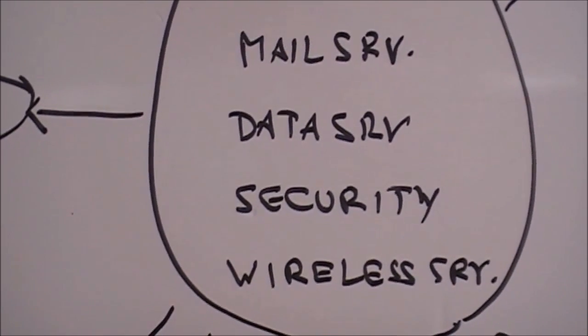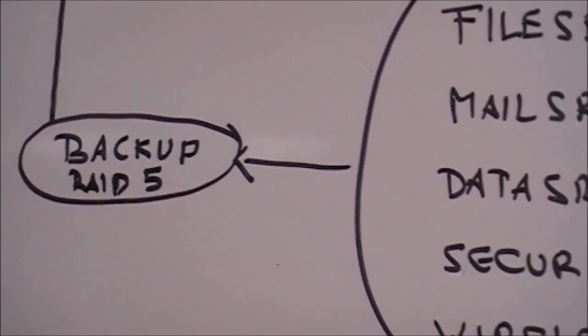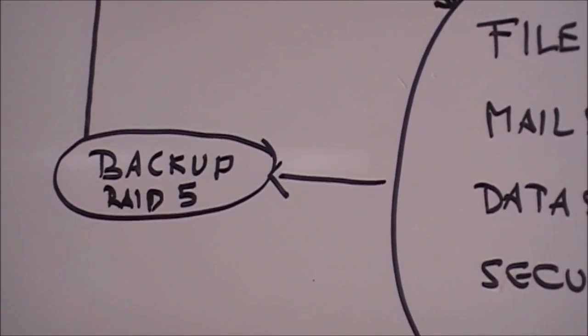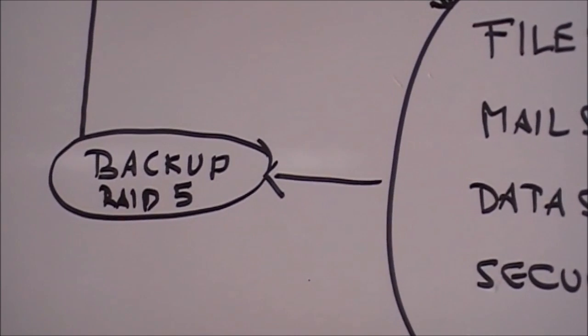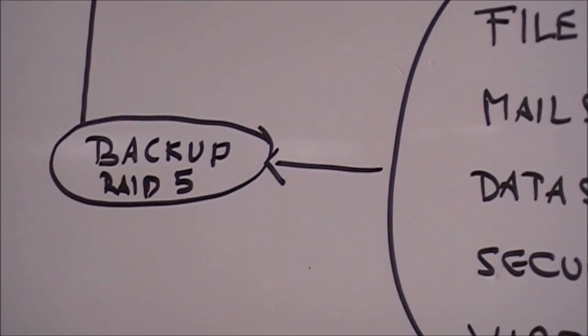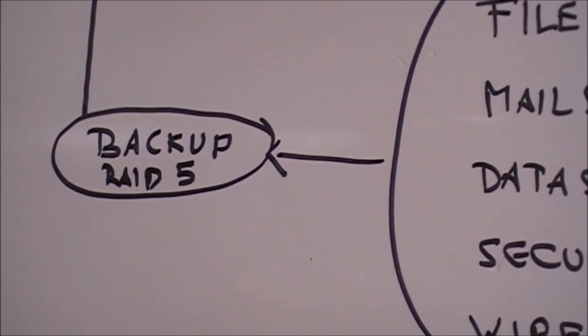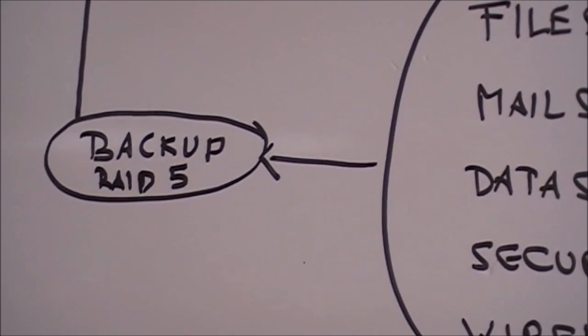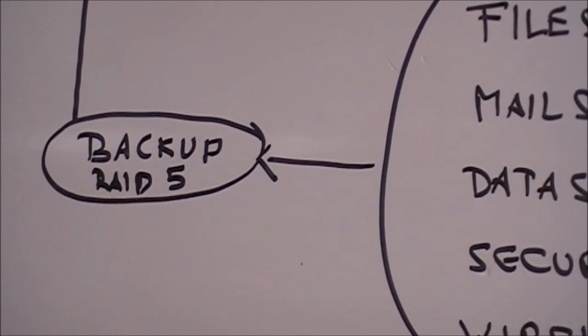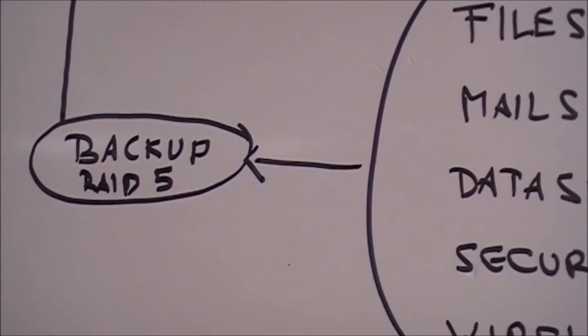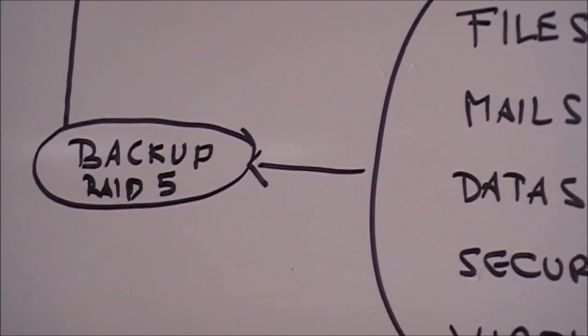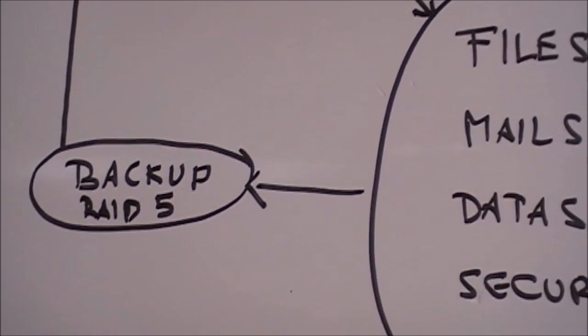So for the next, the backup system. Backup will be done daily and weekly in a RAID 5 system. RAID 5 system, as most of you will know, is securing data more than one time, so there is no loss of data.